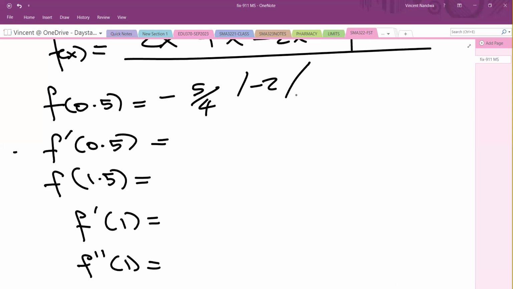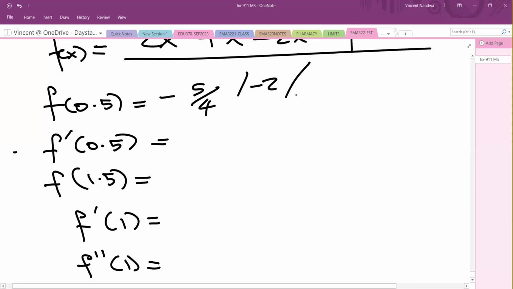This may be the only question you can answer in the exam. So -5/4, -2. So which is which? Is there anyone else with a different answer from these two?